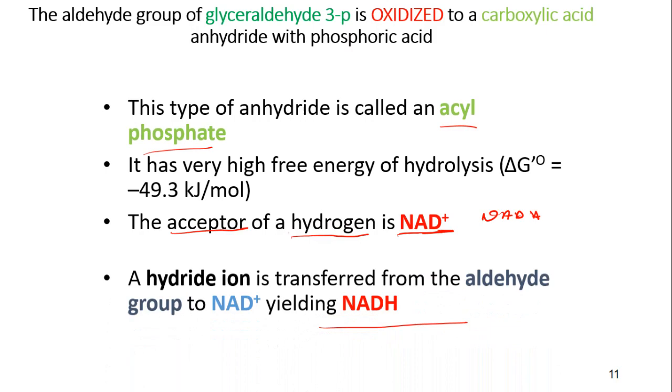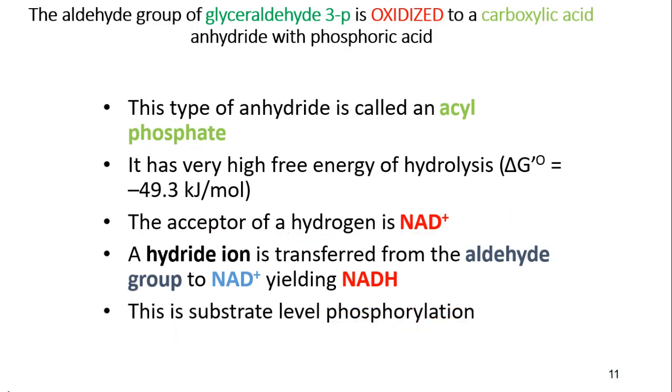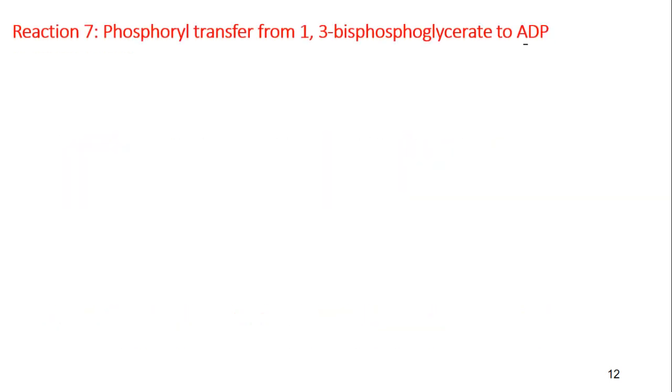Okay, so guys, with this in mind, let's quickly look at reaction number 7. In reaction number 7, there will be phosphoryl transfer from 1,3-bisphosphoglycerate to ADP. There will be a transfer of a phosphate group from what?